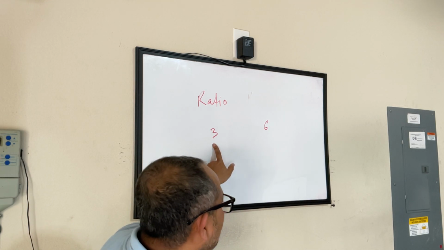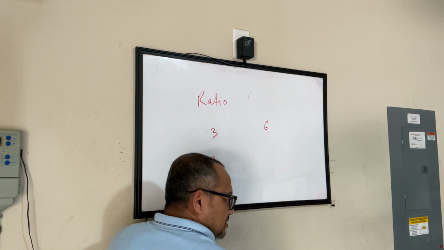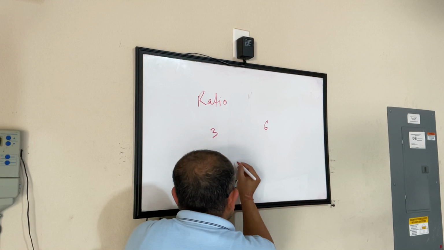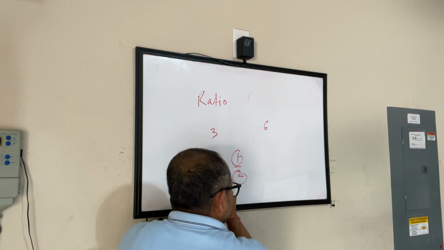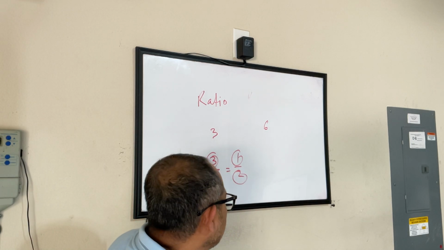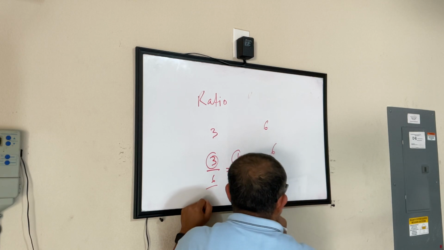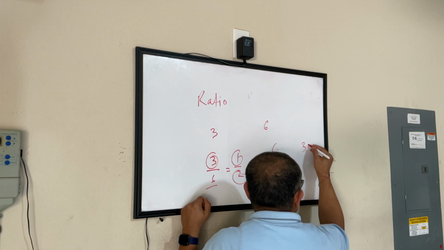And that is exactly what ratio tells us. When you're comparing these two numbers, 3 is to 6, this tells us 3 is half of 6. Similarly, when you compare 6 against 3, then you know that 6 is 2 times 3.